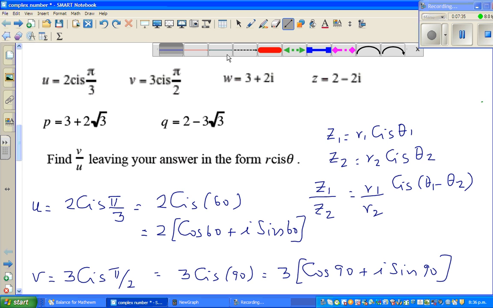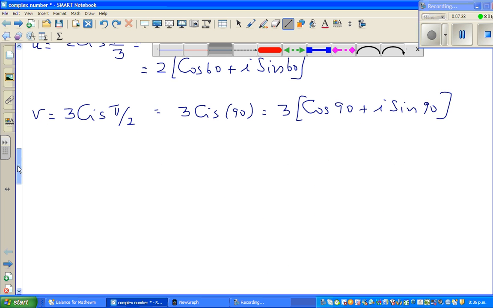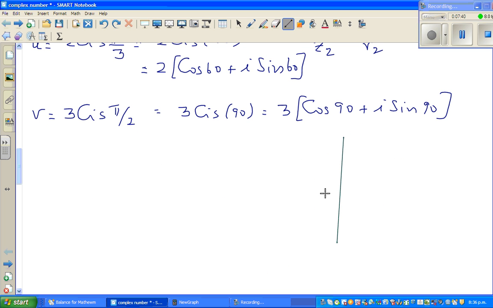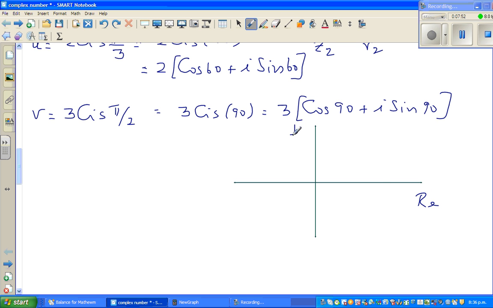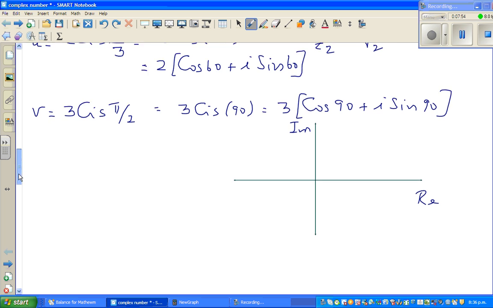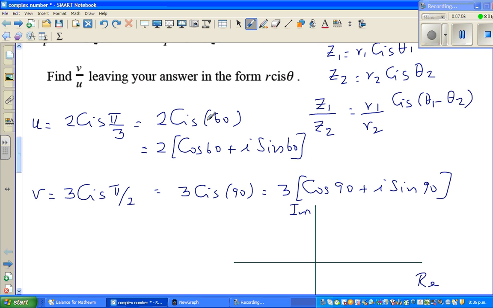So if you draw again the real and the imaginary axis, suppose this is the imaginary axis and this is the real axis. So what does it mean? When you say 2 cis 60, ignore the cis part. 2 cis 60 just means it's a complex number which is at a distance of 2 units from your origin.